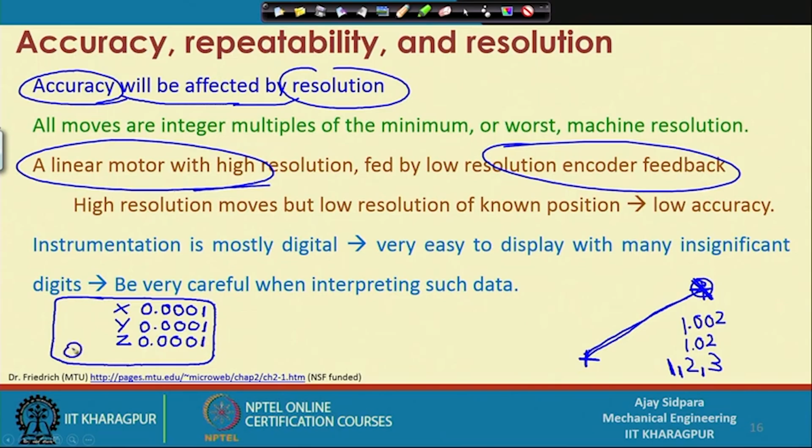There are a lot of other buttons also available, so that you can get some specific operation from this control panel. Now what is this thing? These are all digital values.